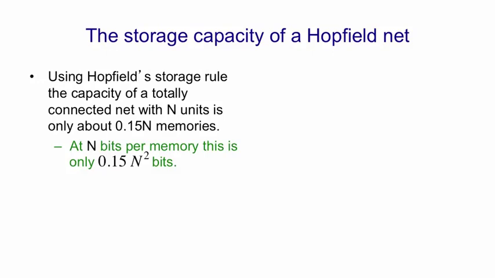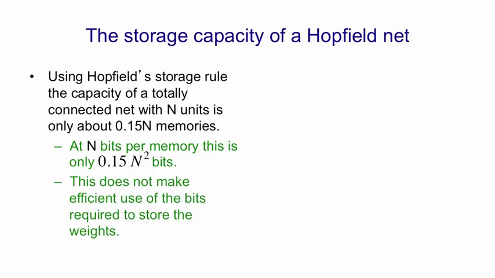Each memory is a random configuration of the n units, so it has n bits of information in it. And so the total information being stored in a Hopfield net is about 0.15 n squared bits. This doesn't make efficient use of the bits that are required to store the weights.